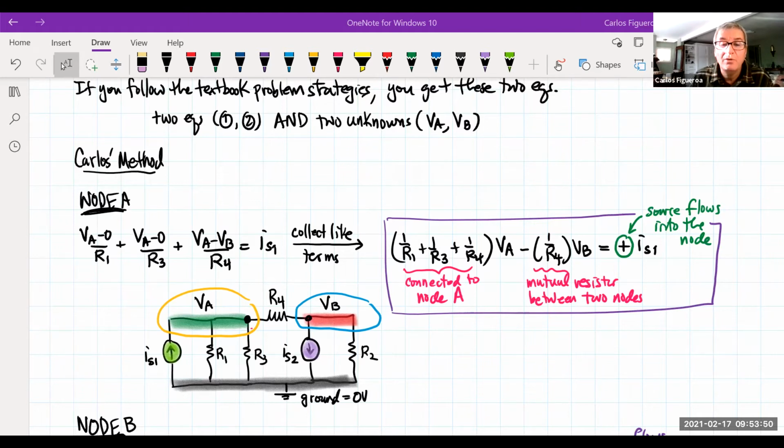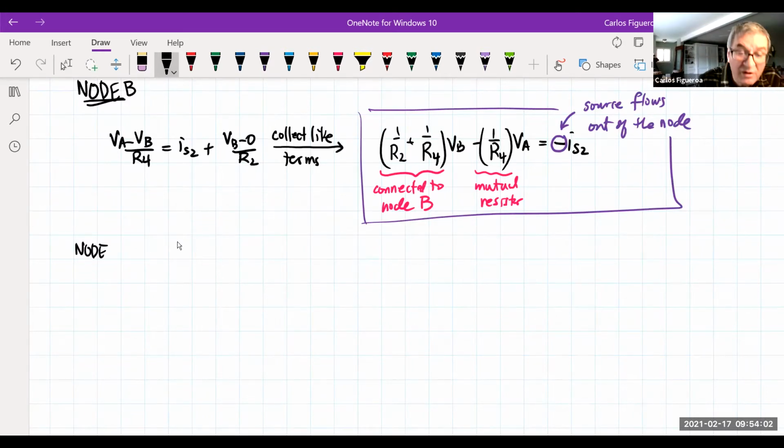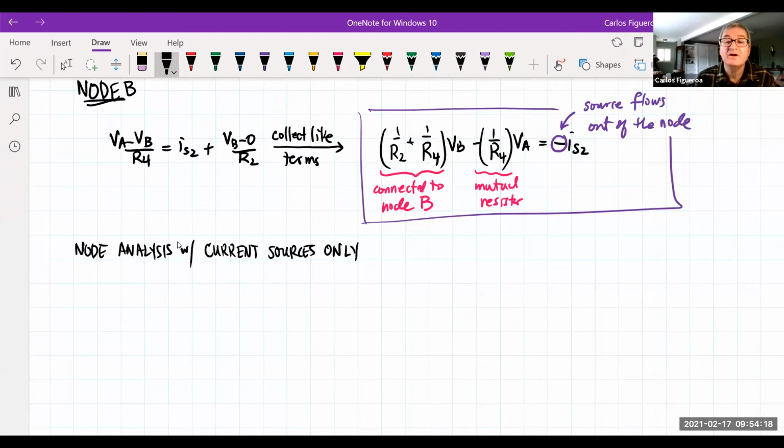So let me summarize Carlos's method, okay? Here I go. I'm going to use Carlos's method because it's just easier for setup. So I'm going to call this node analysis with current sources only, a la Carlos, right?